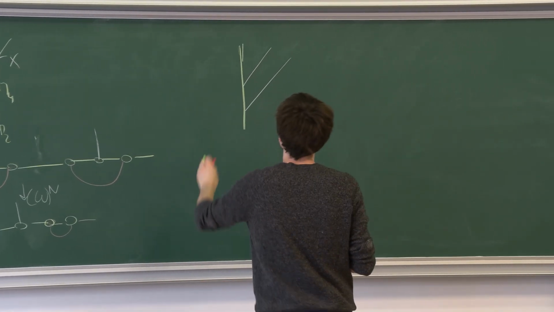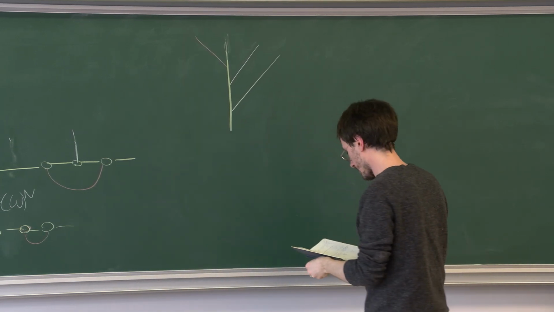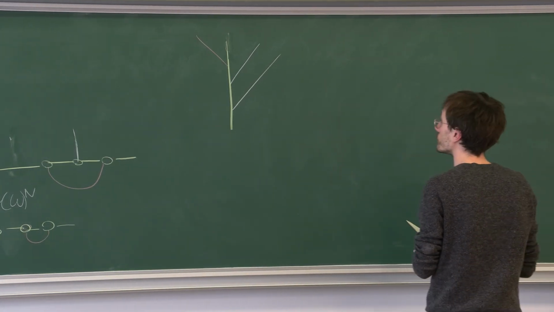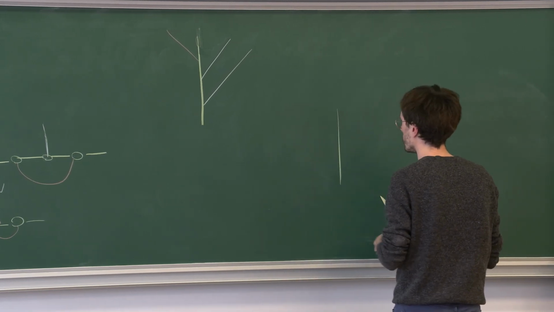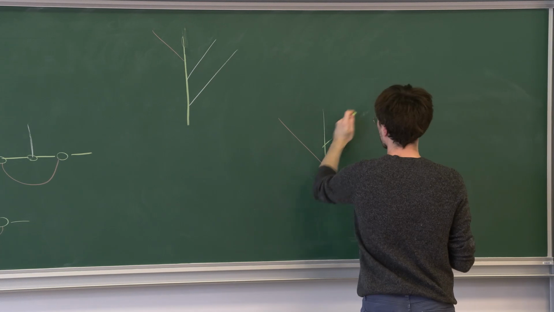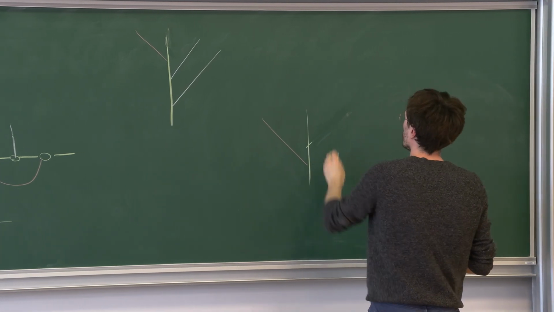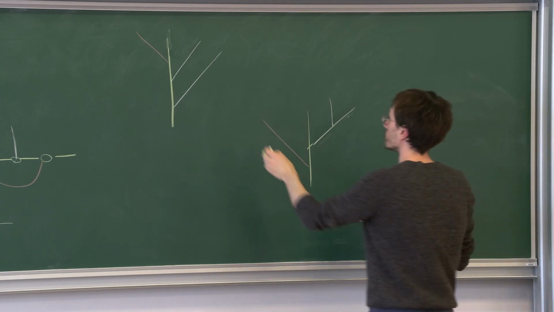We consider one more object. So I'm adding a white line, and then I'm saying that to go from this configuration of lines to this one over here, there are two different paths you can follow.